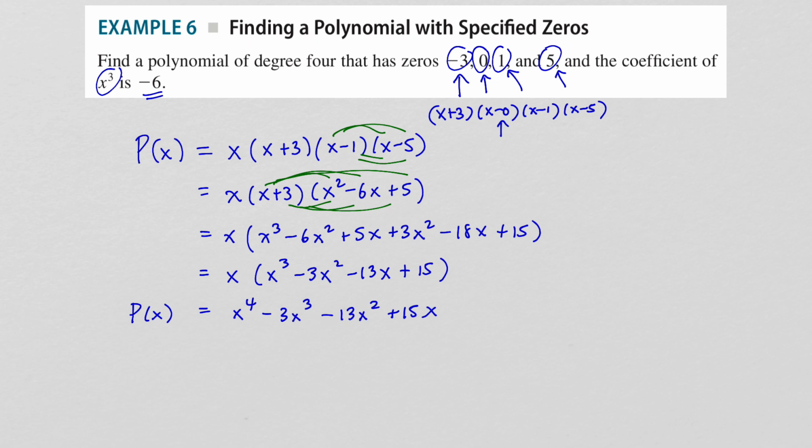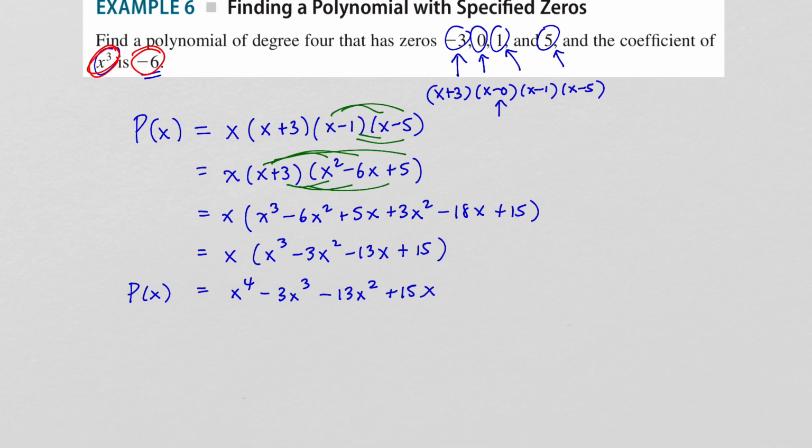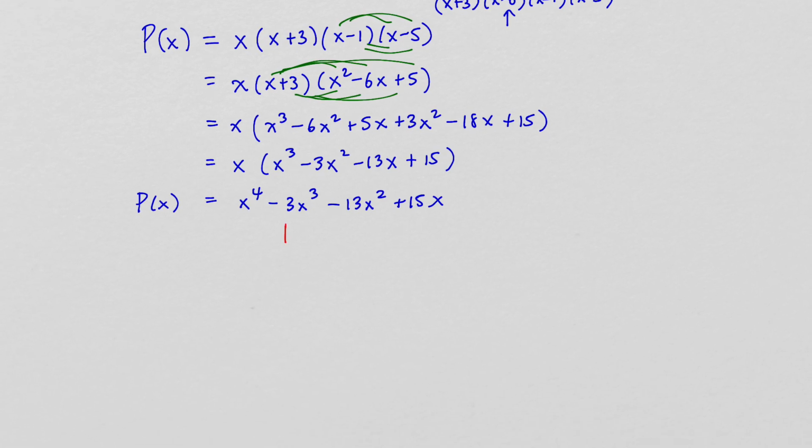However, they did say that they wanted the coefficient of x cubed to be -6. Notice that the coefficient of x cubed currently is -3. Well, what I can do to make that coefficient be -6 is just take that polynomial and multiply the whole thing by 2.